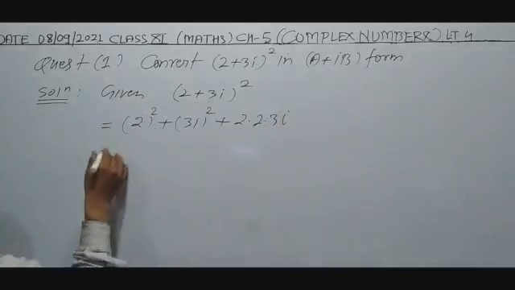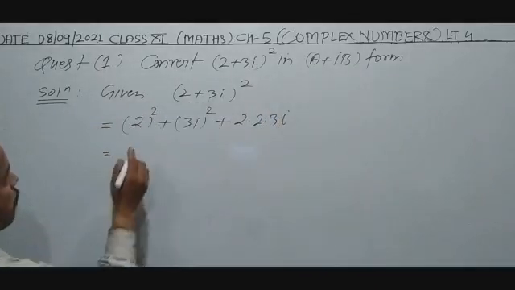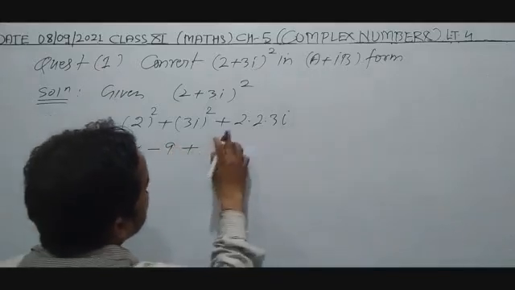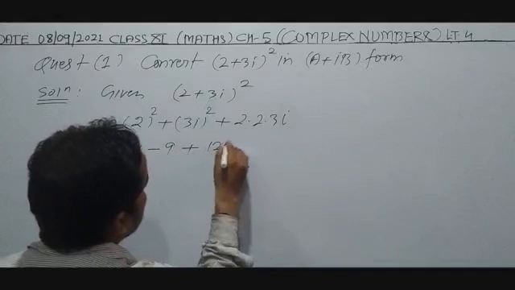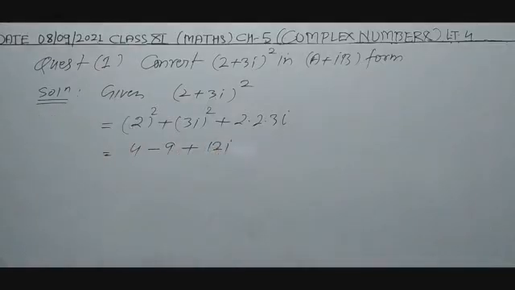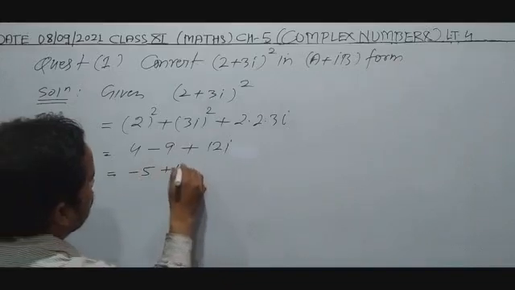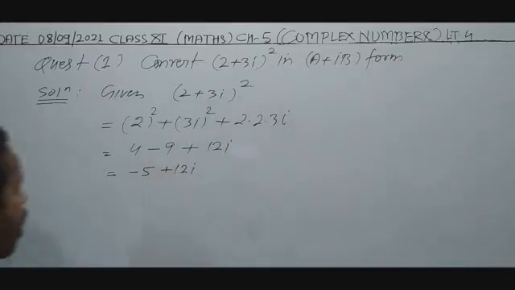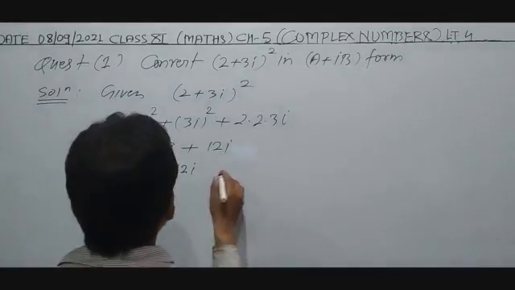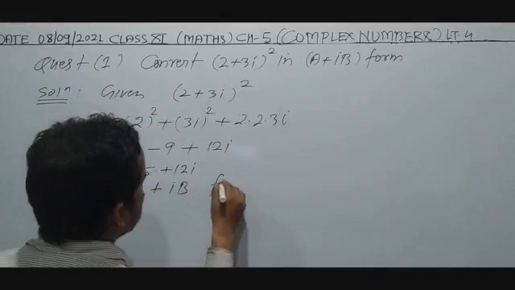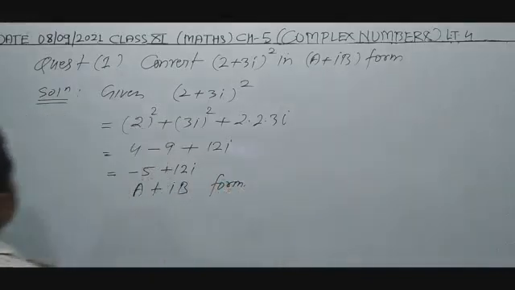Now its calculation will be 4 minus 9 plus 12i. Now result will be minus 5 plus 12i. This is the A plus iB form. This is the answer.